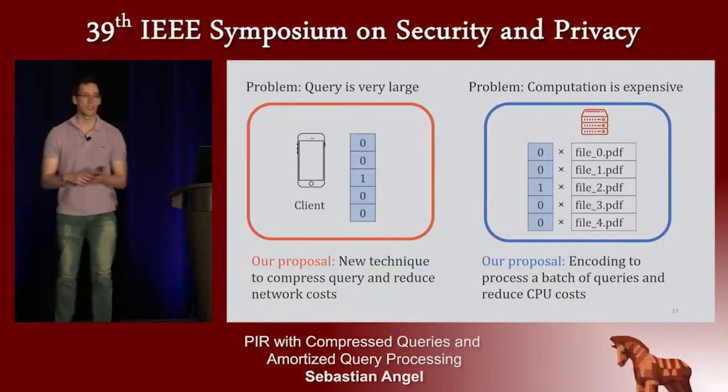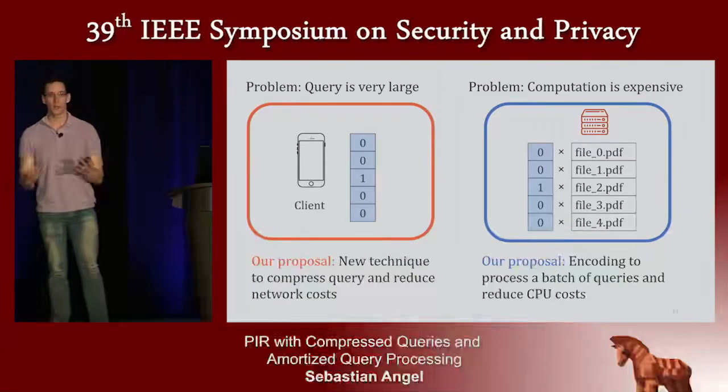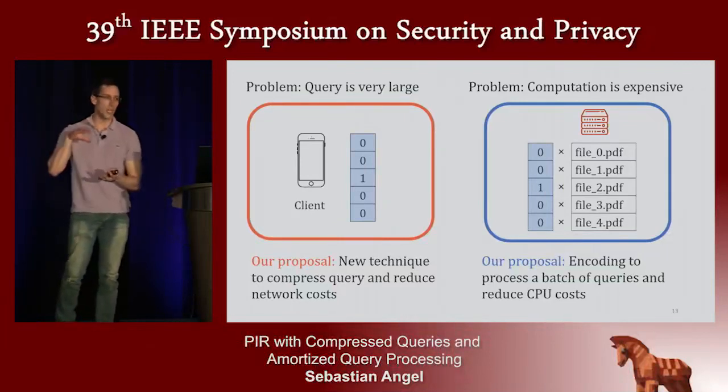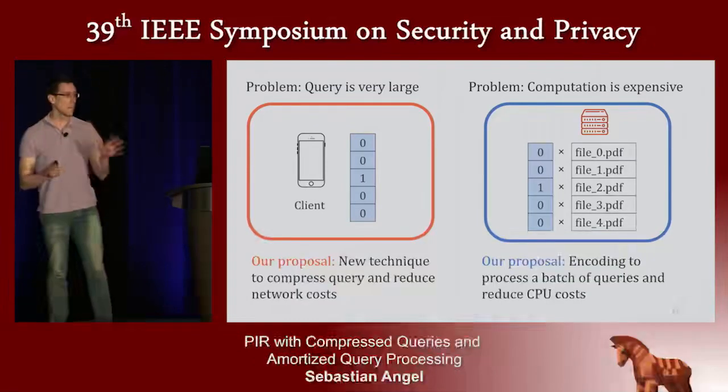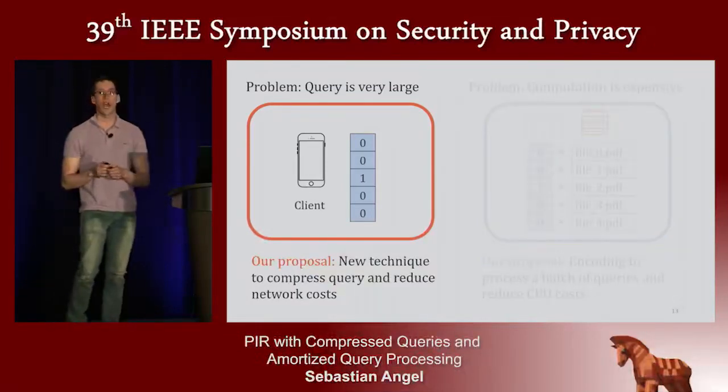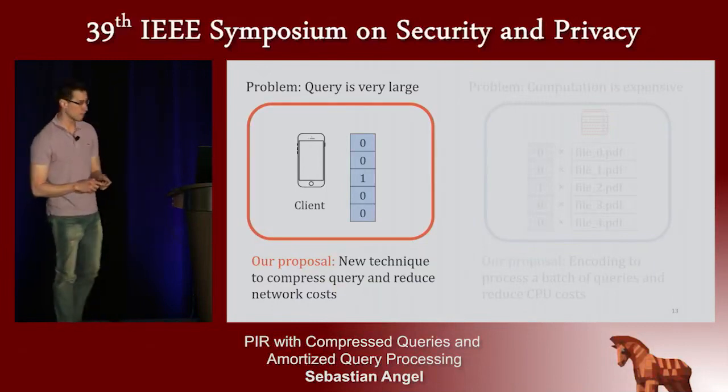In other words, the server gets amortization. If you're familiar with batch codes, our encoding is a relaxation of batch codes, which is weaker, but much more efficient. So in this talk, I'm only going to focus on how we do compression. If you're interested in how we do the encoding, please take a look at the paper.